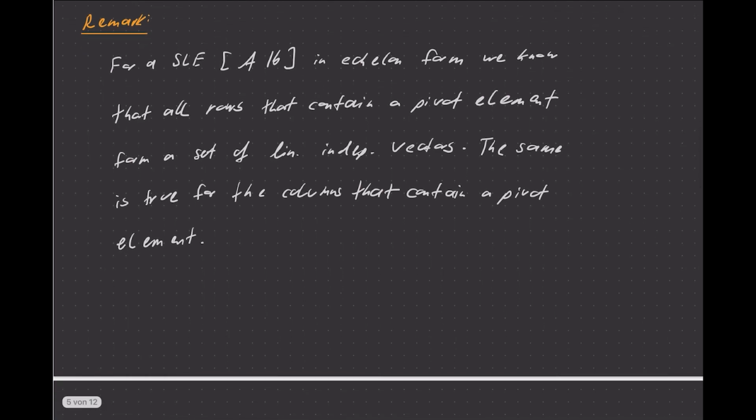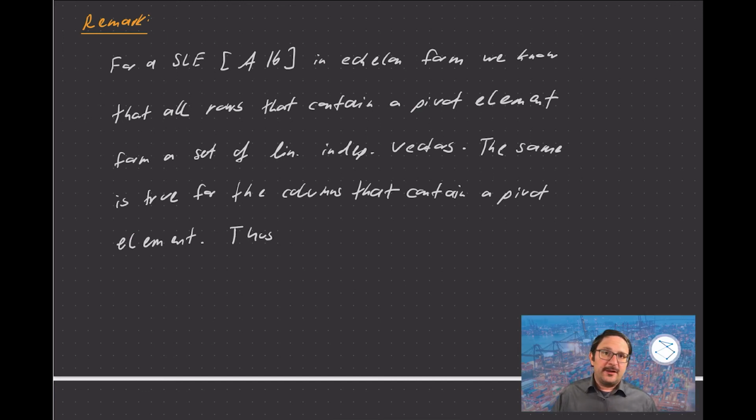Thus, what we can say is, well, the number of pivot elements of the matrix A is equal to the rank, by definition of the rank. So the rank tells us how many linearly independent rows and how many linearly independent columns there are in this left-hand side A.